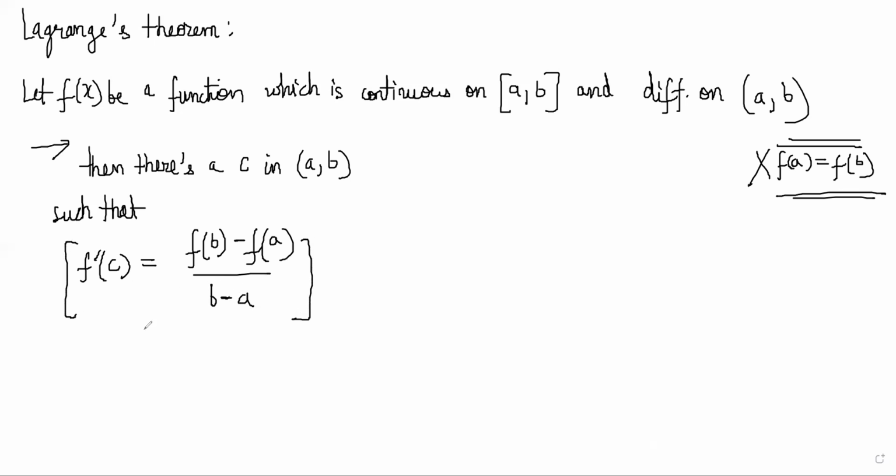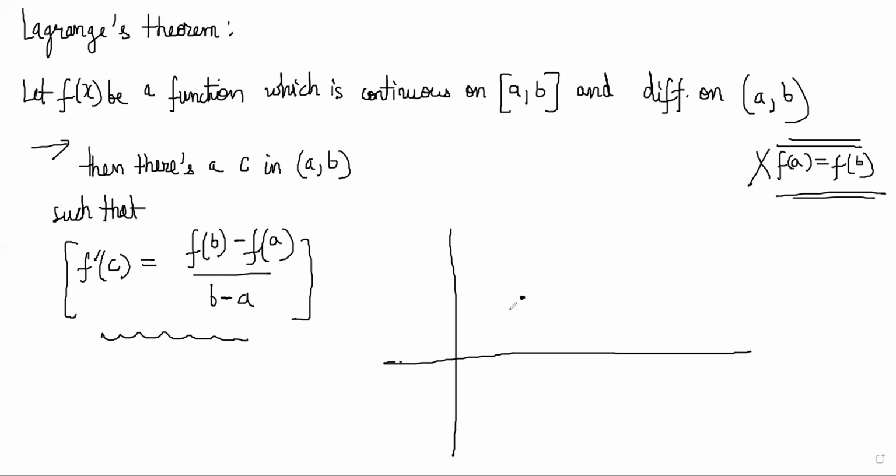This is the statement. Now we have to try to understand what this means. Let's draw a graph. This is f of a, so this point is (a, f of a), and the curve is something like this, and this point is (b, f of b).